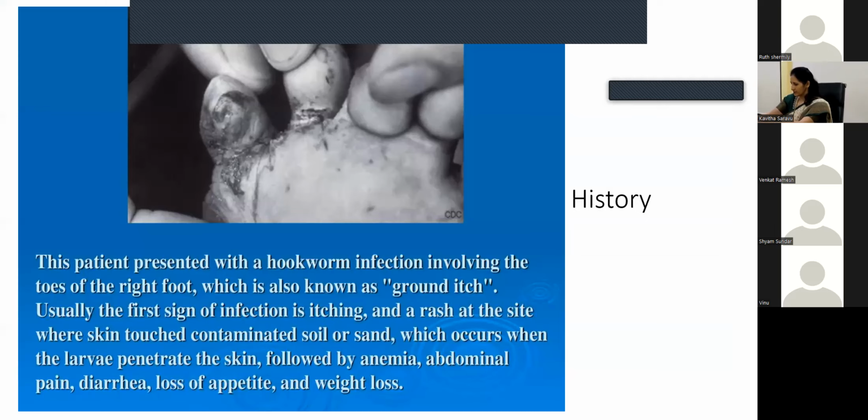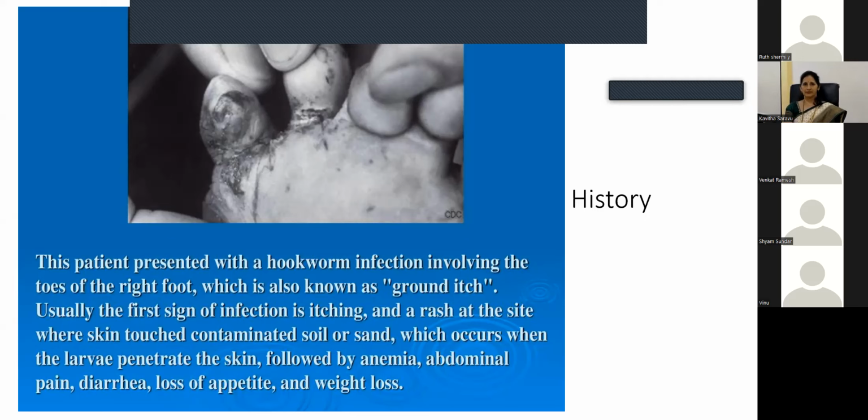So here is a patient presented with a hookworm infestation. Usually the symptoms start with the ground itch, which is the first sign of infection, with severe itching at the site. Basically, when skin touches contaminated soil or sand, the larva penetrate the skin.